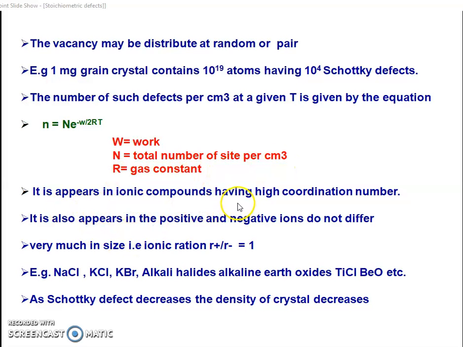It appears in ionic compounds having high coordination number. It also appears when positive and negative ions do not differ very much in size, that is, the ionic ratio is 1.